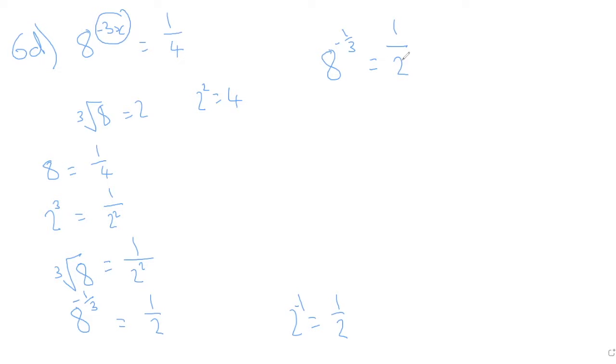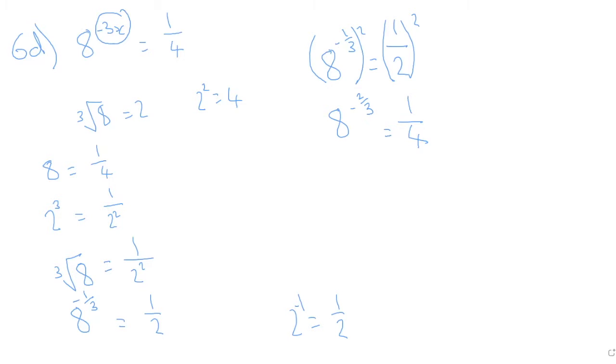So if I'm squaring it on this side, I need to somehow think about how I'm going to square it on this side. So what I'm going to do is try and square both things, right? So this is going to get me 8 to the power of negative 2/3 equals 1/4, right? Because I'm just squaring top and bottom. So this becomes 1 and this becomes 4. Now, this is now a true statement.